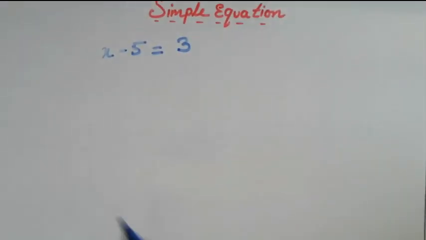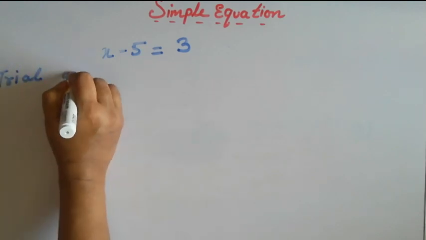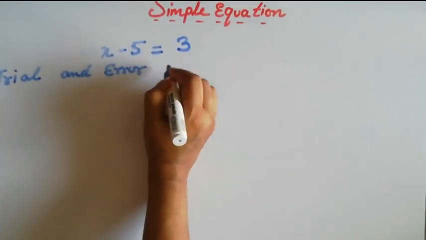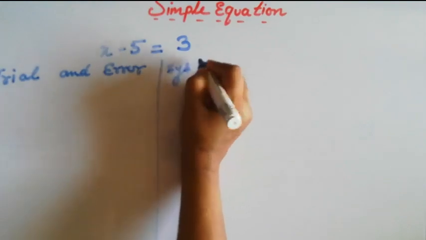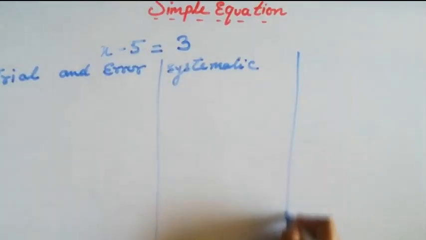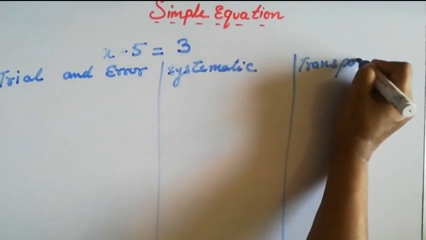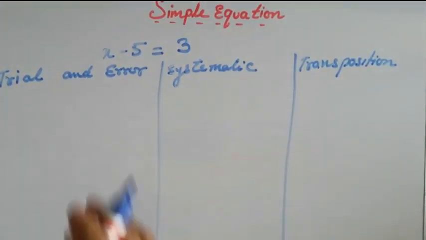Okay, now if I use the trial and error method, then the systematic method and then transposition. Just take this example.